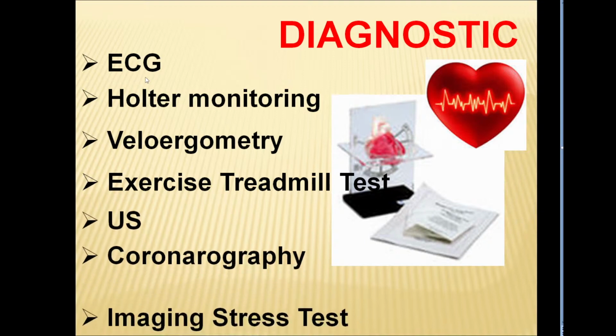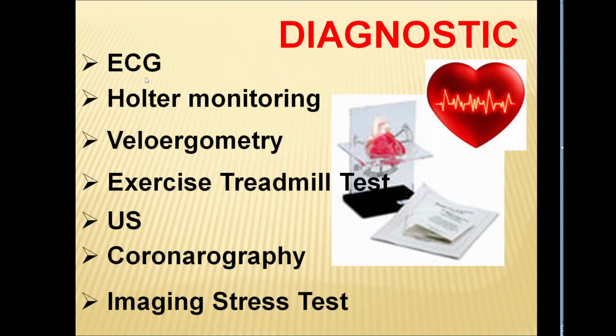If the patient comes to you in the subjectively healthy period, no problems. To reveal angina pectoris, we'll use Holter monitoring, when we examine heart activity during 1, sometimes 2-3 days. Veloergometry or exercise treadmill test, when we check the response of the heart to a specific controlled physical exercise.